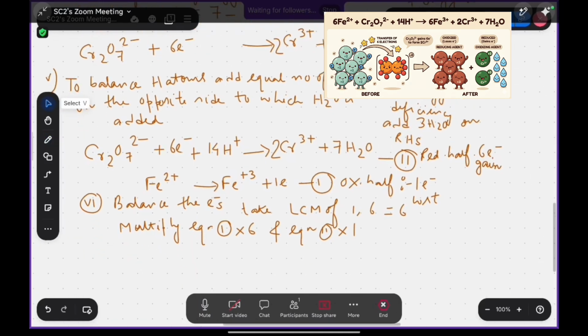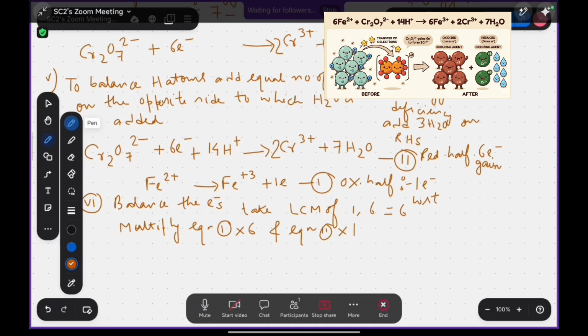So what is the next step? The next step is to write down the reactions. It is 6 Fe2 plus gives 6 Fe3 plus 6 electrons. Remember, not only the electrons, the whole equation has to be multiplied.